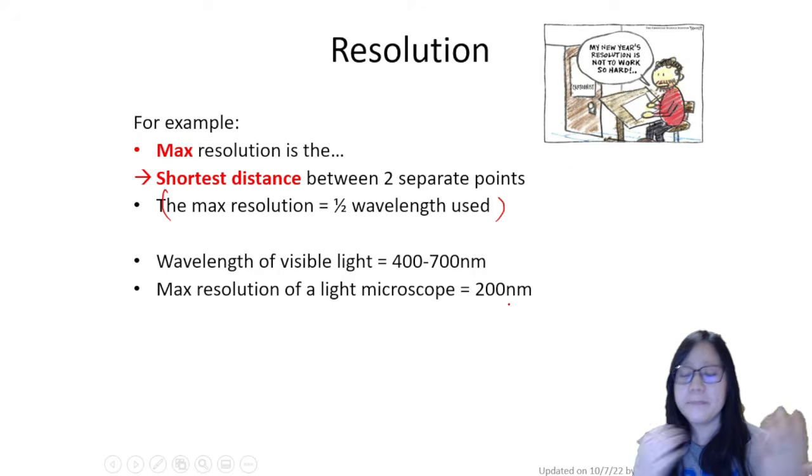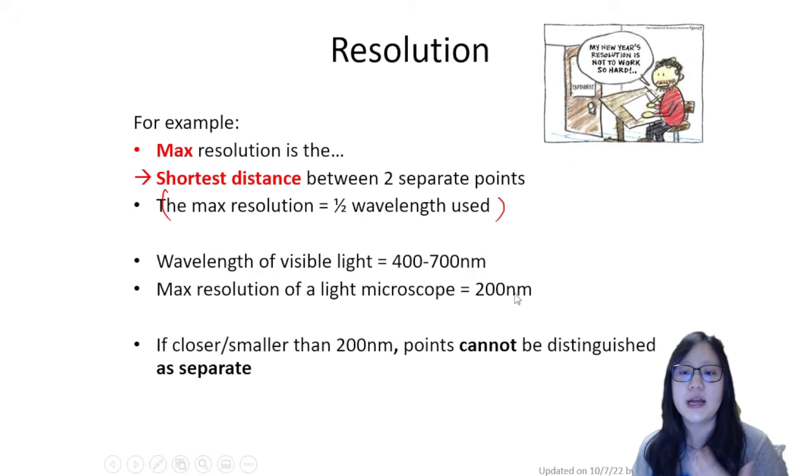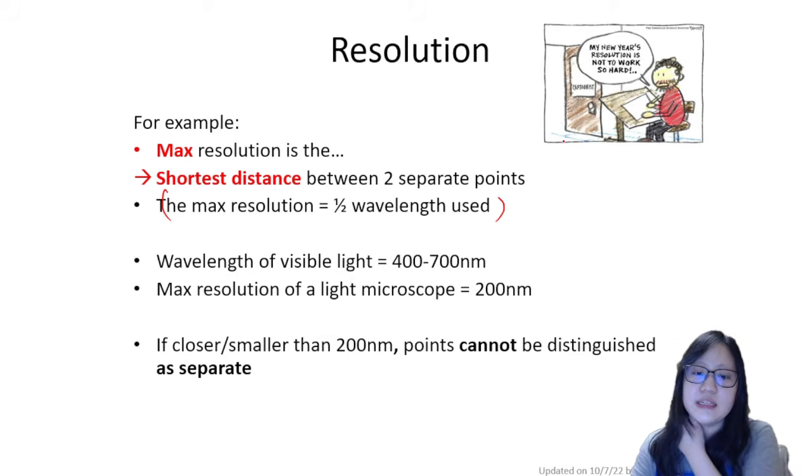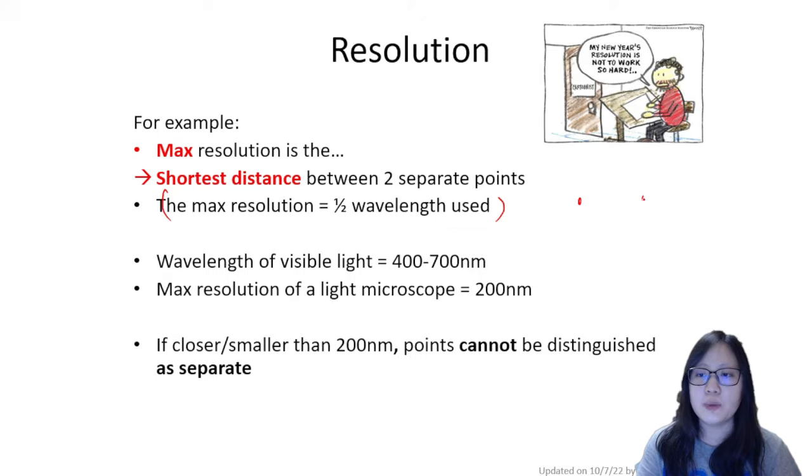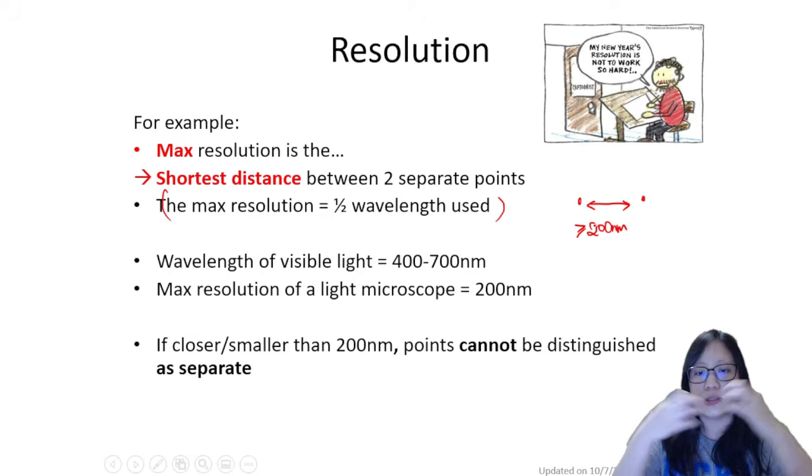So its max resolution will be 200 nanometers. What does this mean? This means if this point and this point, right, to be seen as separate, it must be at least 200 nanometers and above to be seen as 2 separate points.